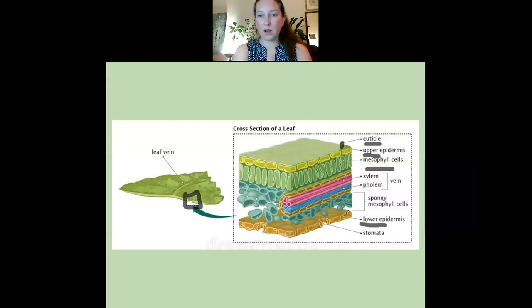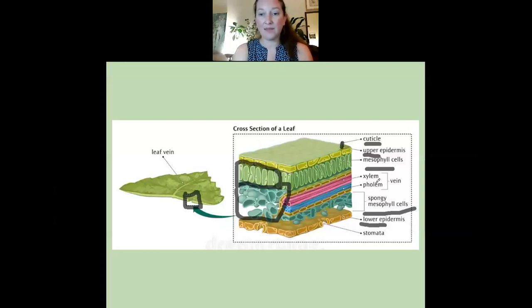There are two types of mesophyll cells. There's this here, and there's this here. The one that's here is labeled as spongy mesophyll cells, and these up here are called palisade mesophyll cells. We'll talk about it on a future slide coming up.